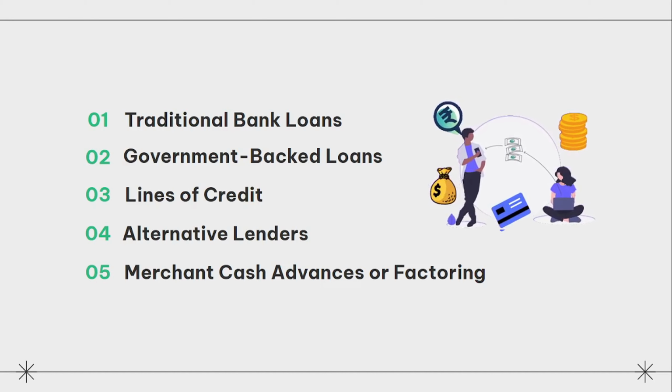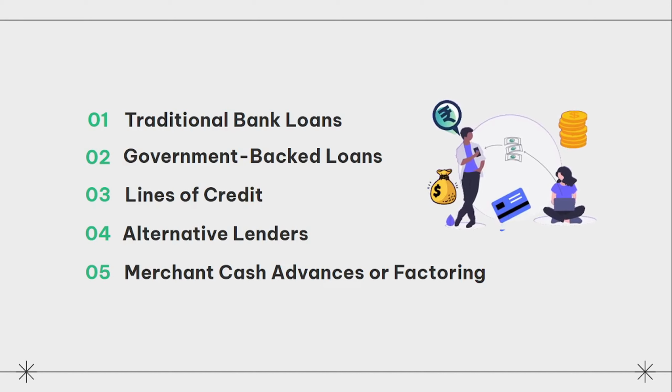So traditional bank loans, these are offered by banks and credit unions with fixed interest rates and terms. While government-backed loans are supported by government agencies like the Small Business Administration, providing favorable terms.